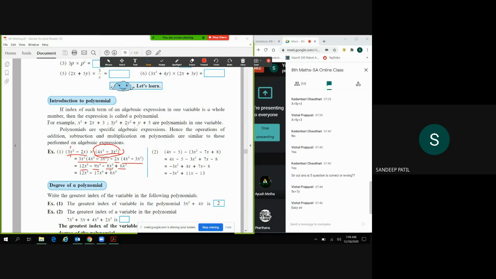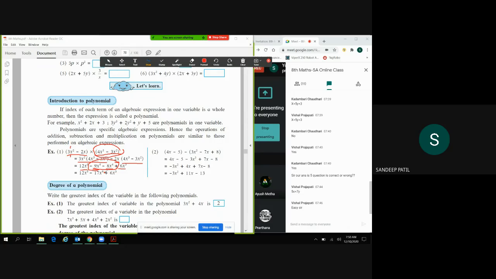So here we can see the common terms, like minus 9x raised to 4 and minus 8x raised to 4. Here we can do addition because the variable is the same. So that's what we have done, and that becomes minus 17x raised to 4.